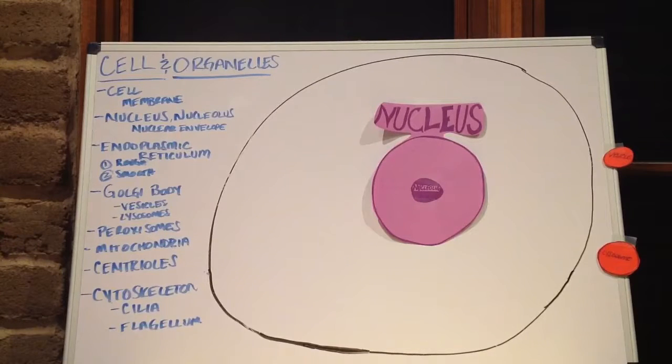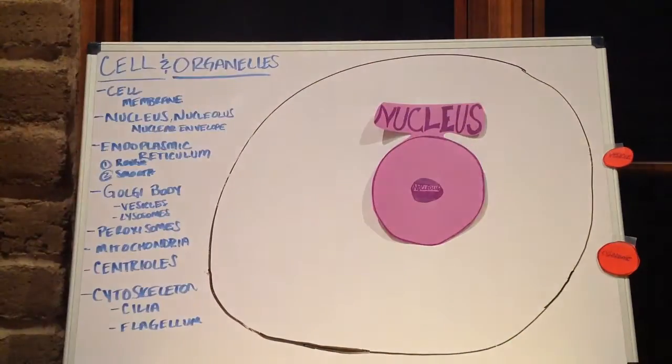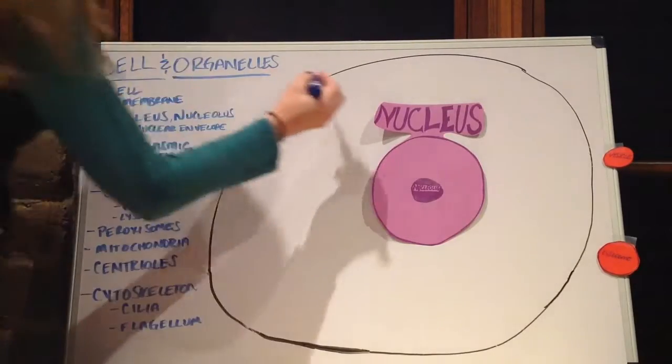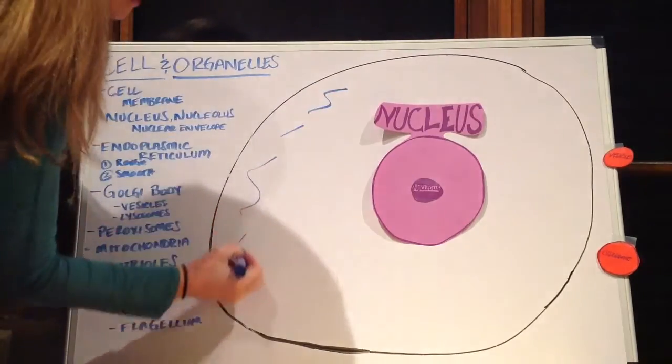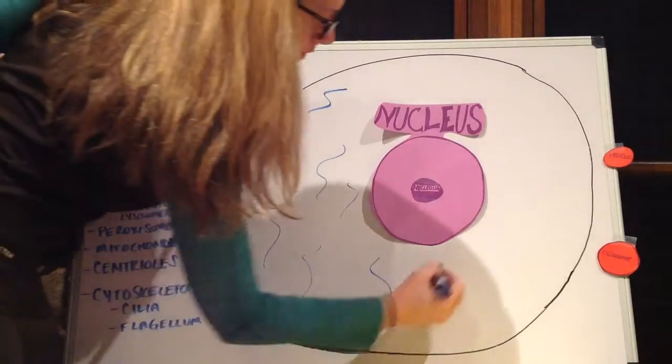To begin, there's two parts to a cell. There's the cell membrane, which encapsulates the whole cell, and there is the cytoplasm. This cytoplasm is the fluid inside the cell, which has cytosol, and it's comprised of organelles.